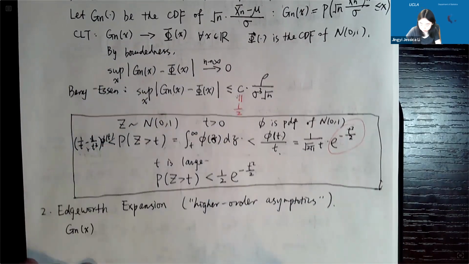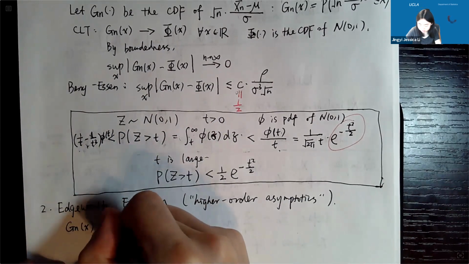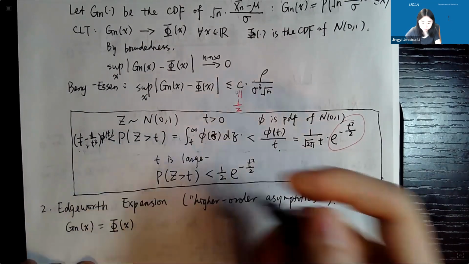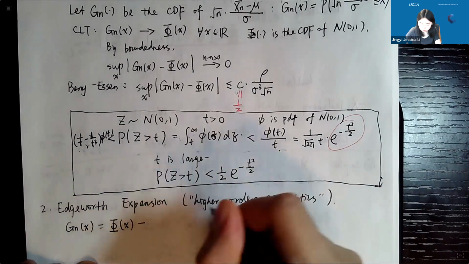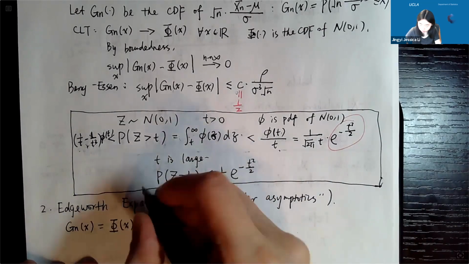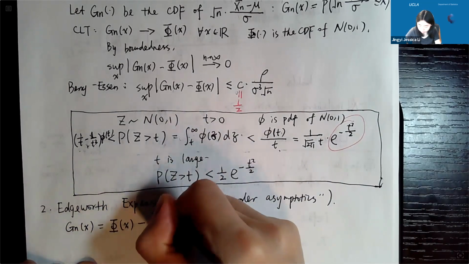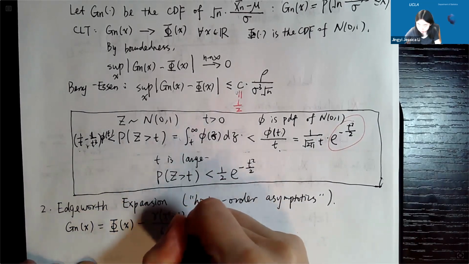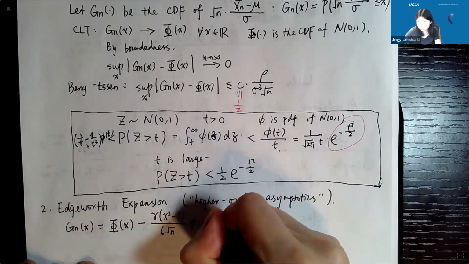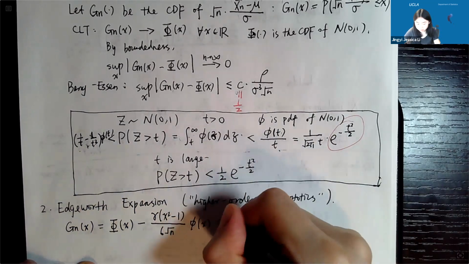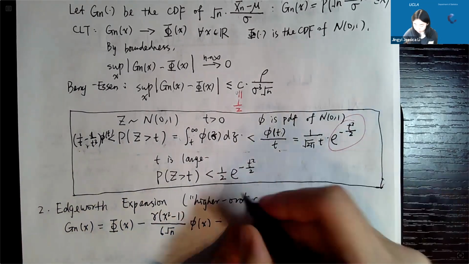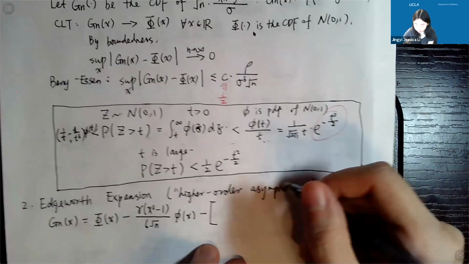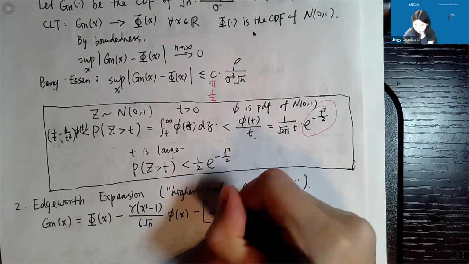It's just that for G_n(x), we write it as phi(x) and the terms. So the term is minus gamma (x squared minus 1) over 6 root n, times phi(x), and minus, we have another big term here, but the detail is not so important. I'm just copying it.